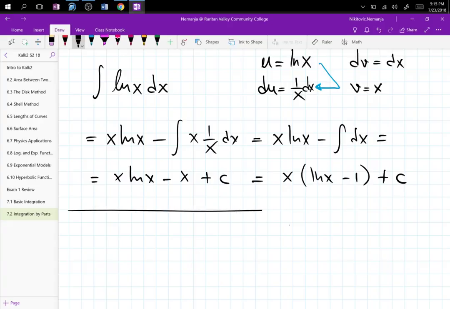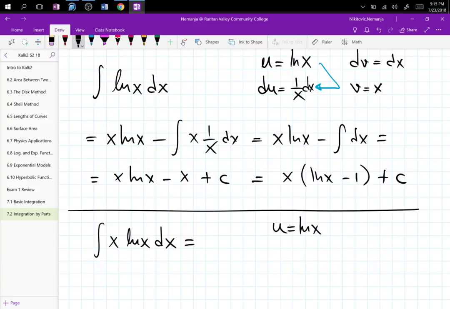Good. Now I'm going to modify this a little bit and say, what is the integral of x ln x dx? U equals ln x. So du equals 1 over x dx.